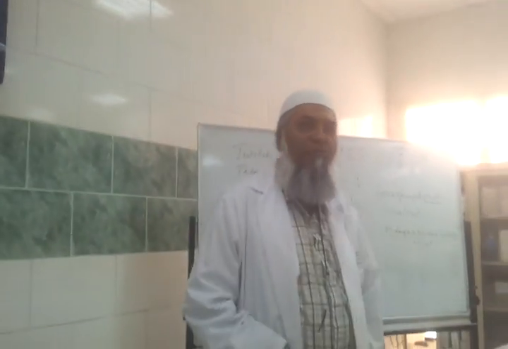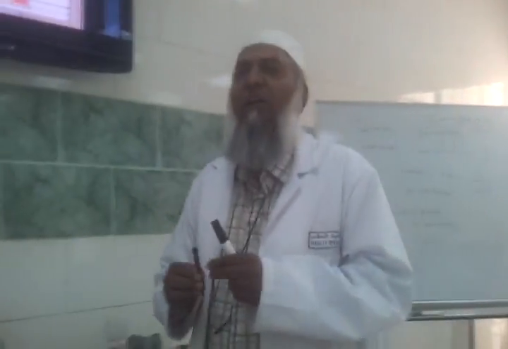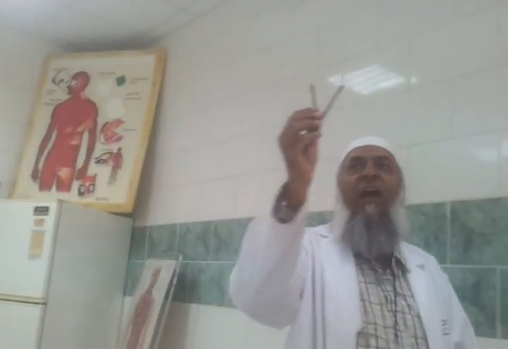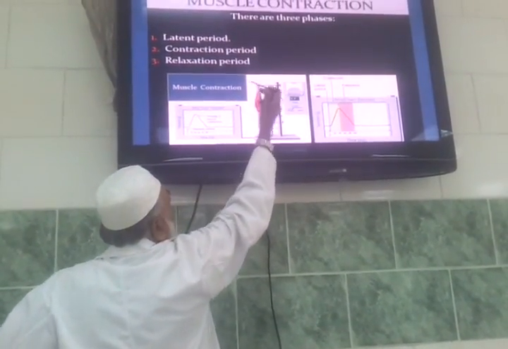So what you do, that after recording the graph, you take a divider, farjal, and with the help of this divider, you can measure how much is the length of the muscle.